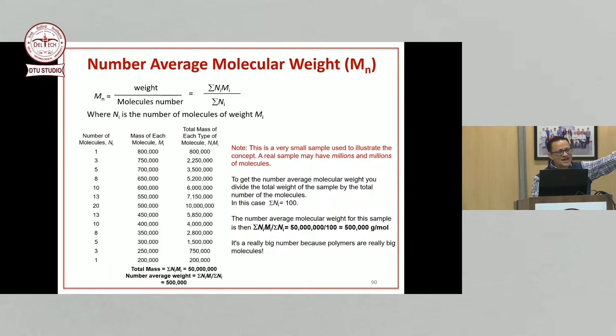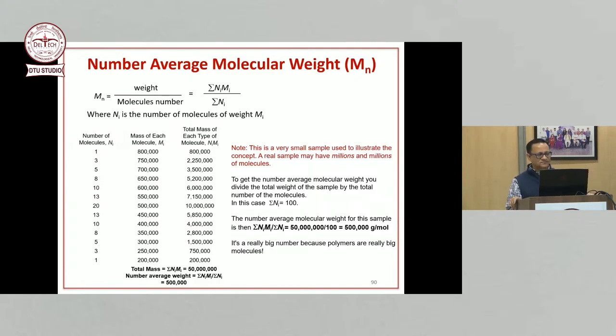And summation NiMi: one molecule is 800,000, so 1 multiplied by 800K is N1M1. 3 molecules, 750K, 3 multiplied by 750K, that is N2M2, N3M3, N4M4. Summation of that, 50 million, is your numerator. Just look at it for 1 minute, you will get it.